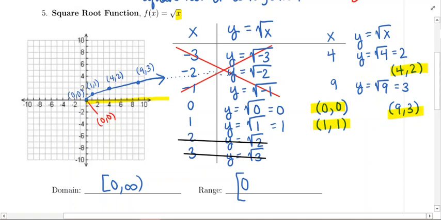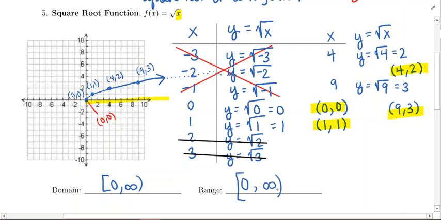Notice that it is a very slow rising curve. Eventually, it will go up to like y equals infinity, but it's going to take a long, long time to get there. It is rising, but just slowly. So the highest point on the graph will eventually be positive infinity. So we're going to say our highest y value is going to be positive infinity.